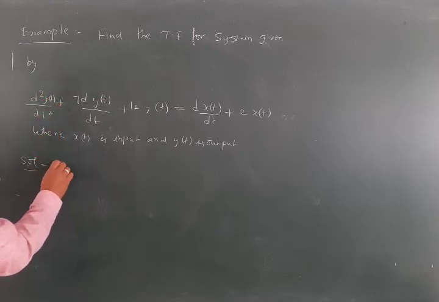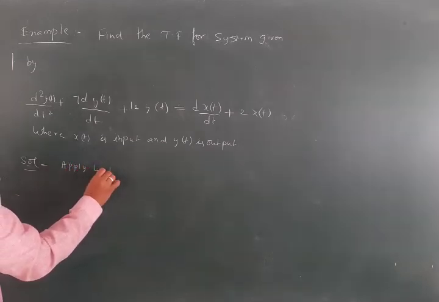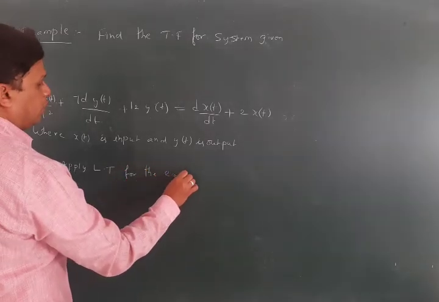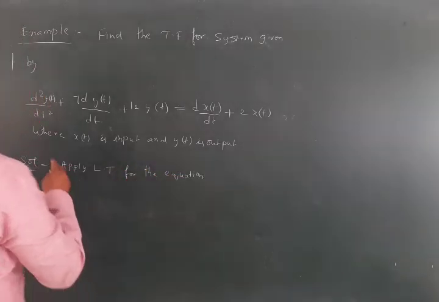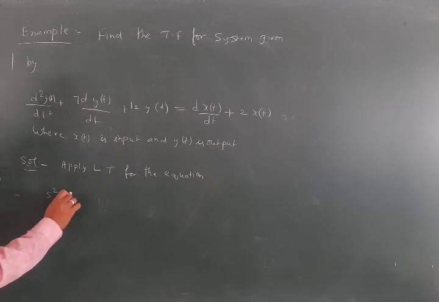For d square y of t by dt square, we can write s square into y of s.